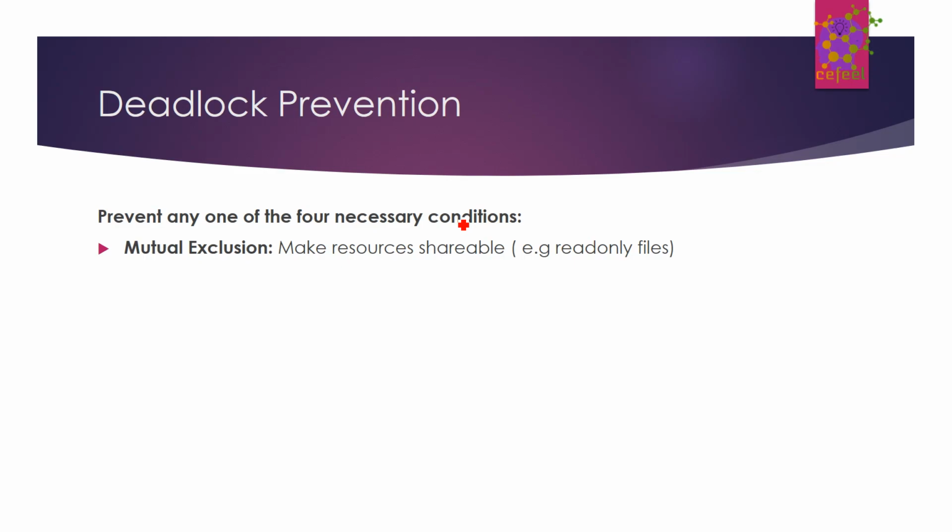How can we avoid mutual exclusion? We make resources shareable. But this may not be practical because some resources may not be shareable, although other resources we can make shareable, let's say read-only files. Multiple processes or threads can read a file, although they may not be able to write to it.